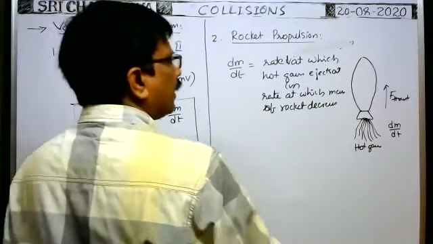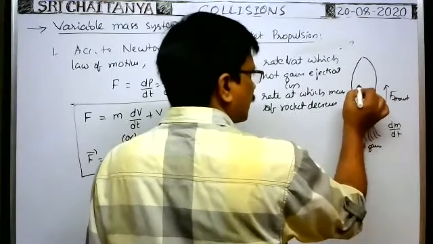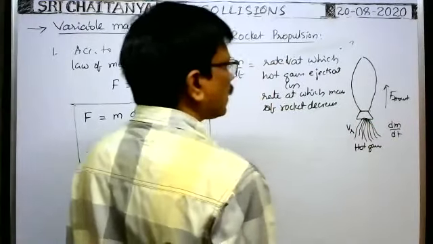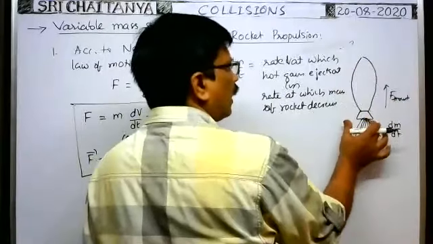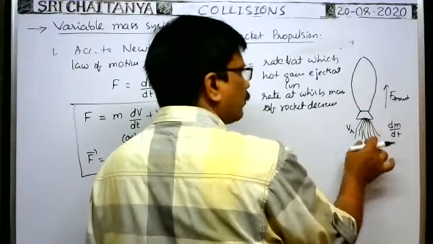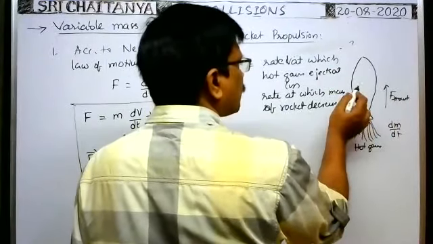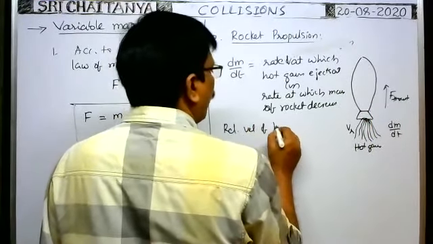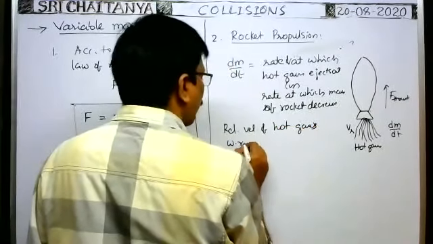So in order to eject, suppose the relative velocity of the hot gases with respect to the rocket is say Vr. Vr is the relative velocity of the hot gases with respect to the rocket. By sitting in the rocket, when you observe the hot gases, the velocity with which hot gases come out with respect to the rocket is the relative velocity of the hot gases with respect to rocket.